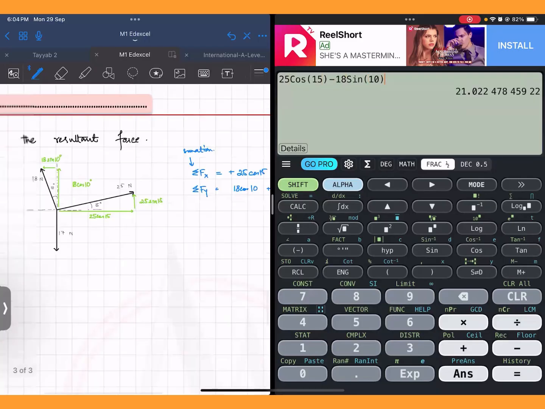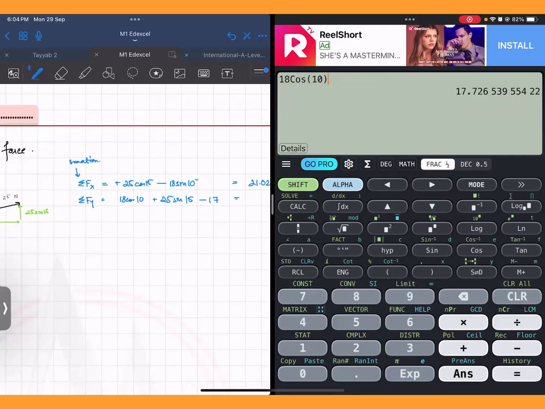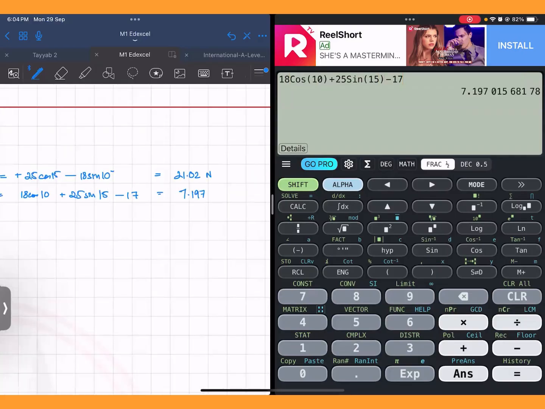So again, both the x and the y are positive. Both are positive. The resultant force would also be in the same direction.